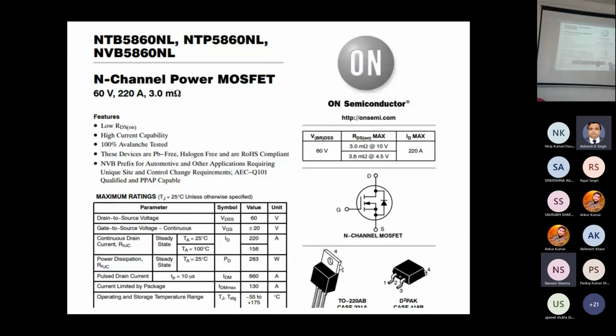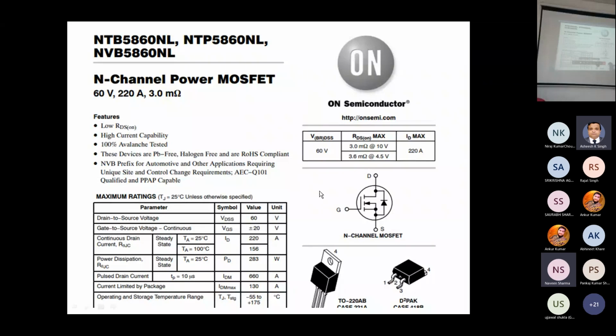And here ID is 220, which means we have a current rating of 220 in the forward direction in the turned on condition. So according to our required control and cost, we can select the switches.